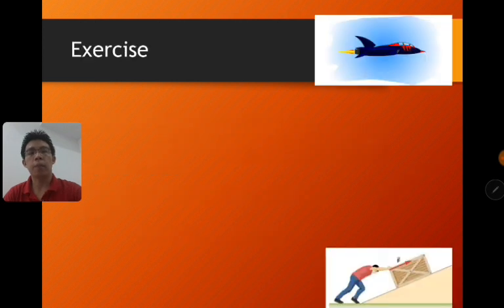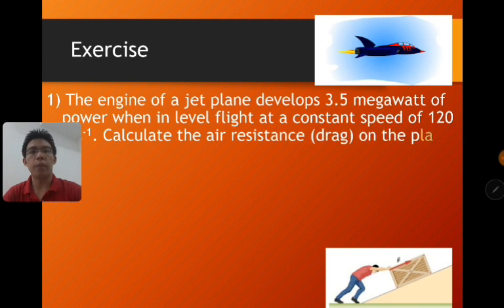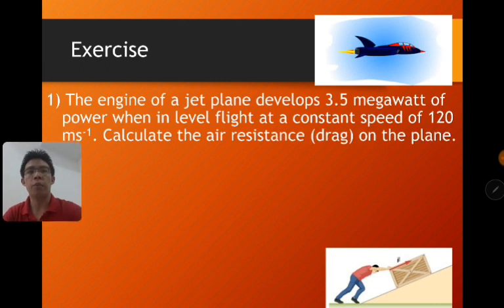Okay, so let's take an example here. The engine of a jet plane develops 3.5 megawatt of power at a constant speed of 120 meters per second. Calculate the air resistance or drag force on the plane. There are a lot of forces acting on this plane as it moves in the air.